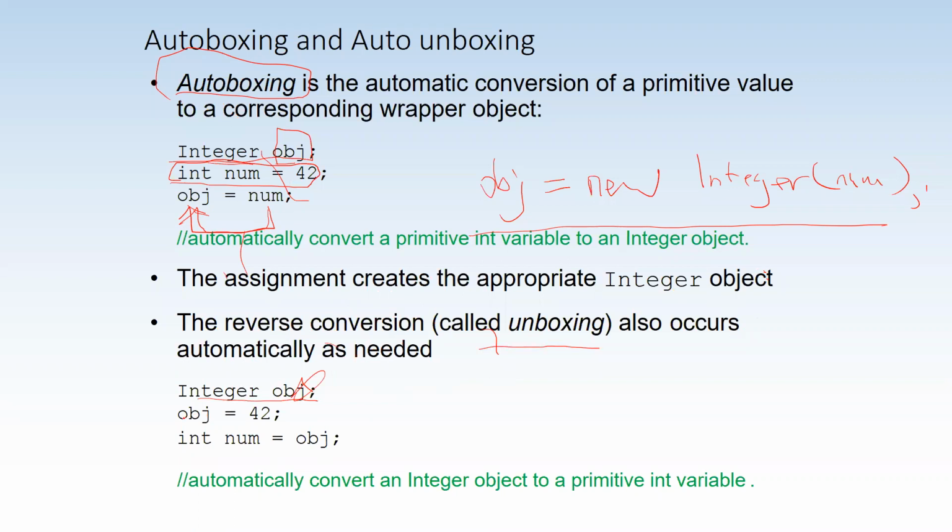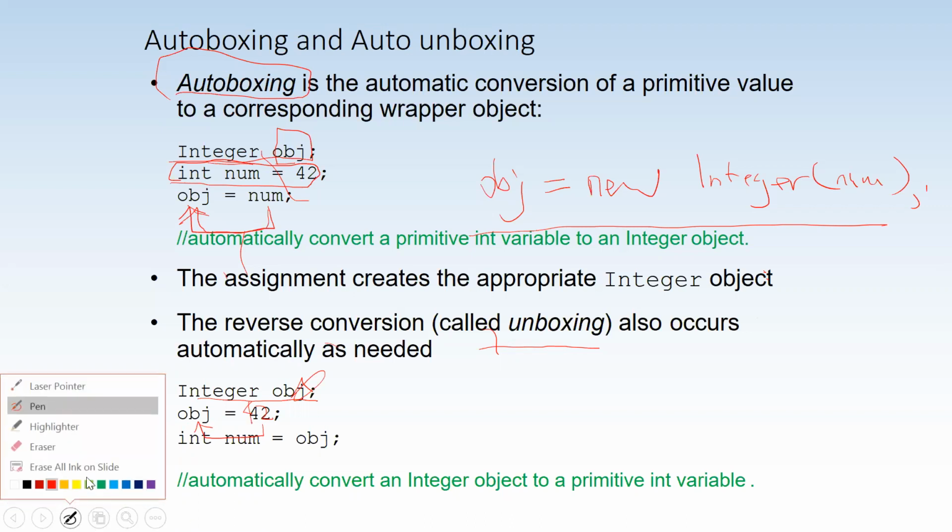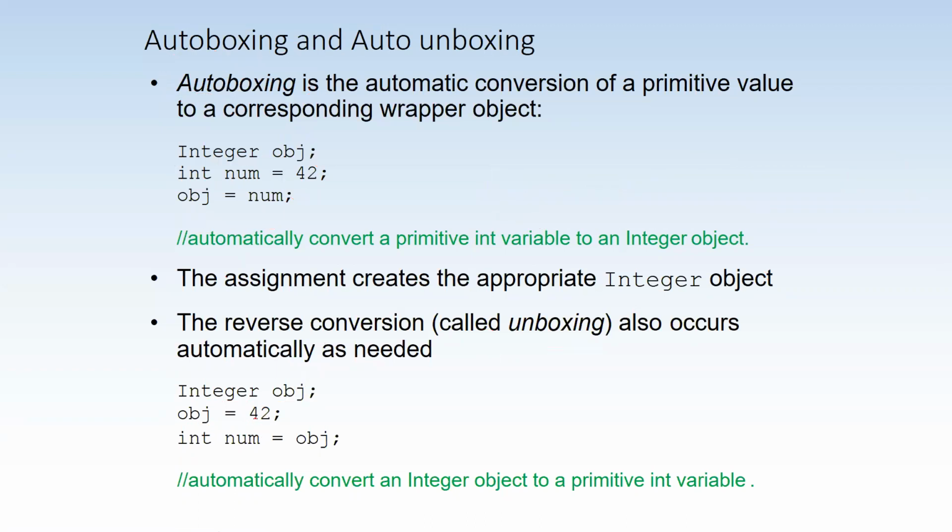An Integer object, and you assign 42 to it. What is this mechanism called, everybody? Notice this is an Integer reference variable. This is a primitive value.